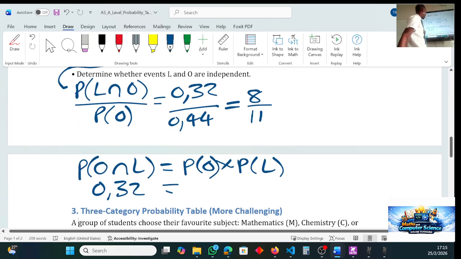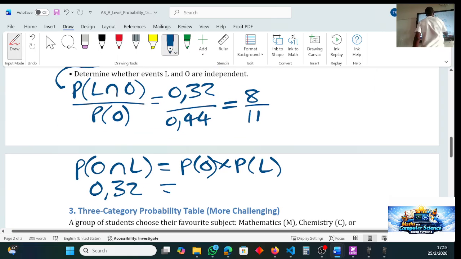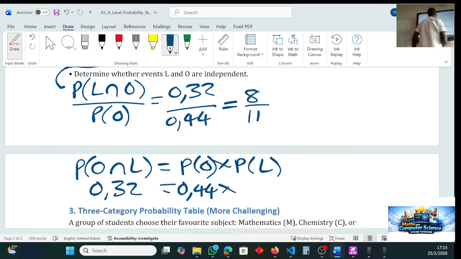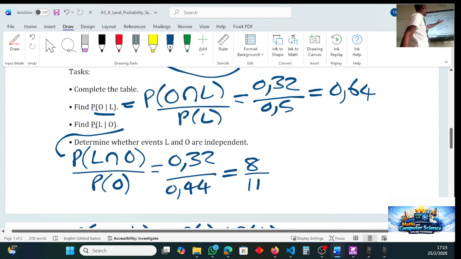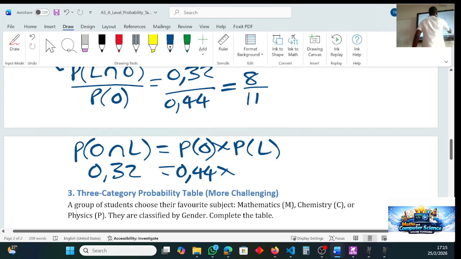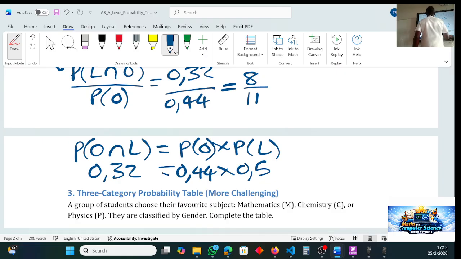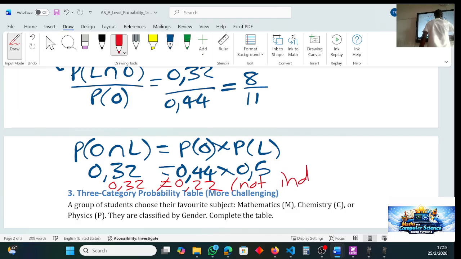So I'll write 0.44 for the probability of O, multiplied by the probability of L. The probability of L was 0.5, which is the denominator. So I'll be multiplying this by 0.5. Let me bring a red pen. When I multiply this out, it gives me 0.22, and I'm testing whether it's the same as 0.32. It's not true, hence we can say these events are not independent.